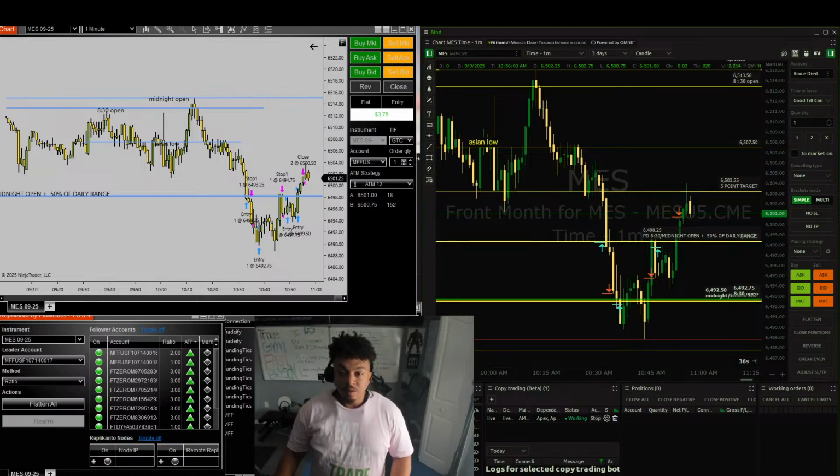I think what I may do is buy on the retest of this previous day low, previous day 8:30 open level.